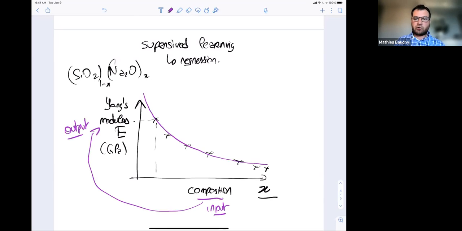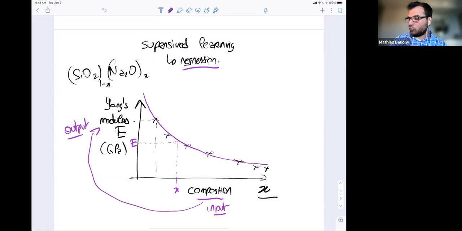So that would be the process of learning: to find the function or the curve that best maps the composition to the Young's modulus of the glass. And then once you have this, if you have a new glass with a new amount of sodium oxide, you become able to predict what would be the Young's modulus of this glass. Once you have a model, you can use it to predict the Young's modulus of those glasses.